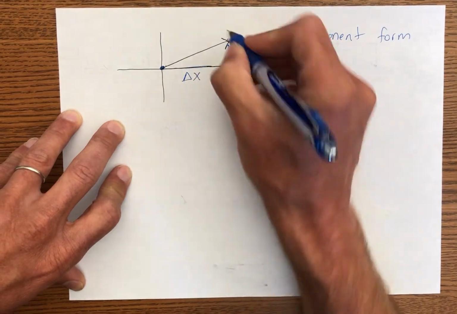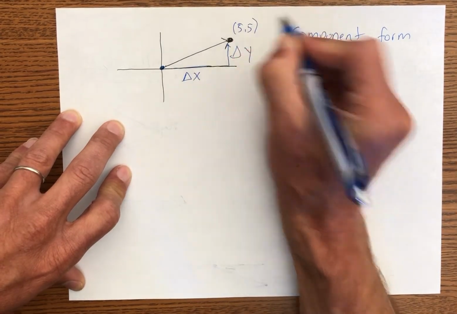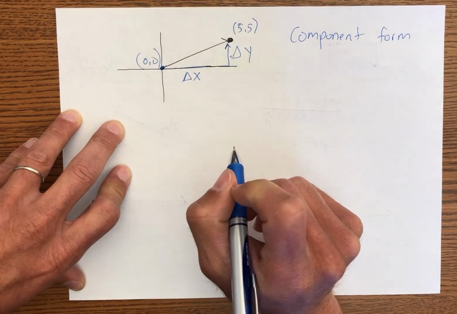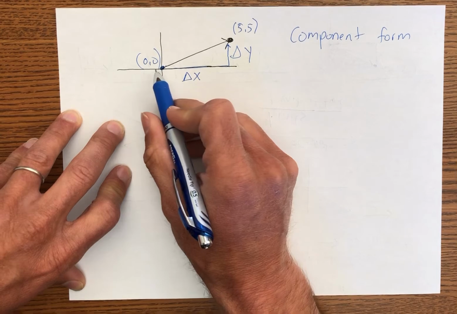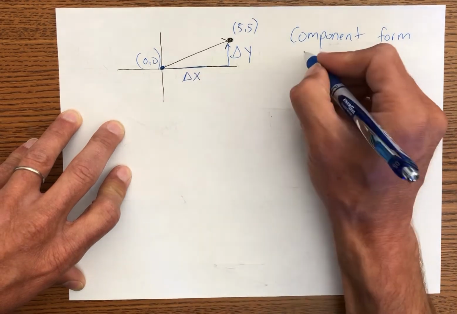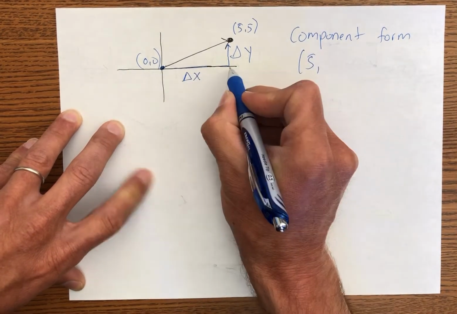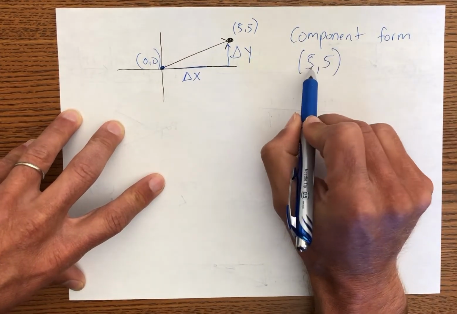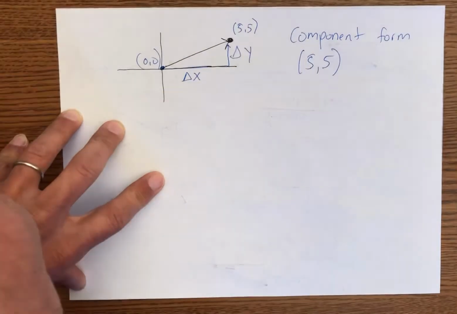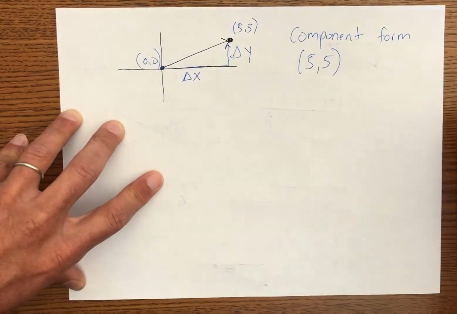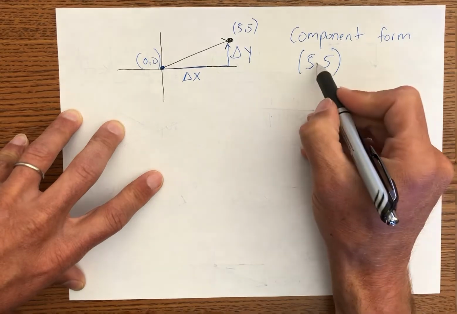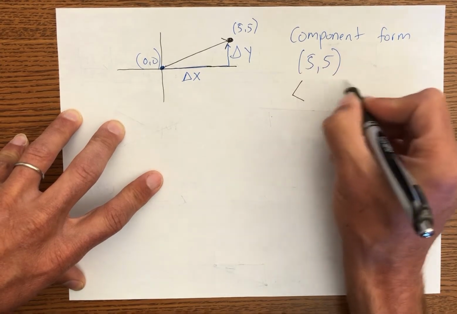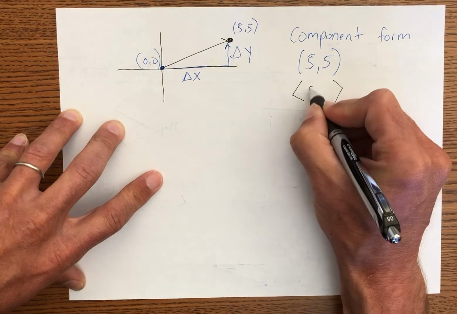Sometimes it's like this. Let's go back to that example where this is 5, 5, and this is 0, 0. Well, you know that this is moved 5 units to the right and 5 units up. So this is called component form, 5, 5. Now, another way that they can write this is, instead of these parentheses, they can give you little weird bracket-looking things.